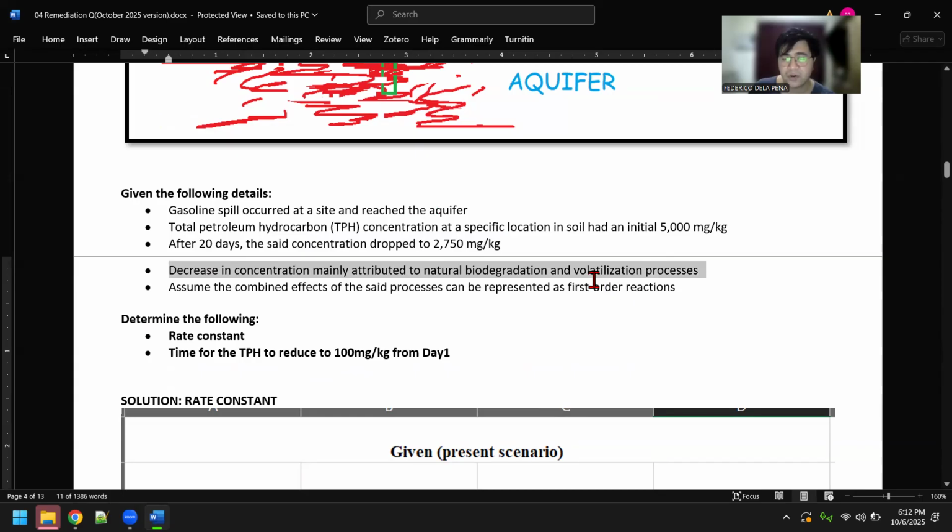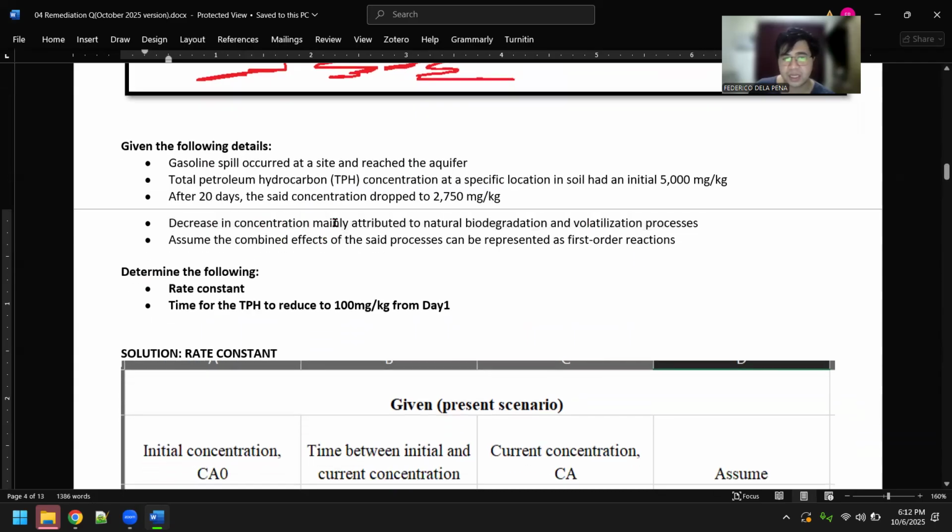And for most petroleum products, most of the reaction or decrease in concentration is usually due to your bacteria friends, natural biodegradation, as well as the evaporation or volatilization of your petroleum products.